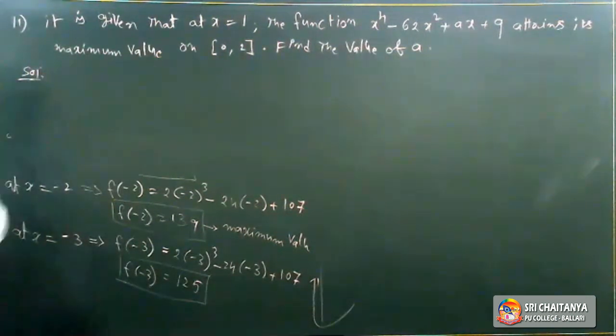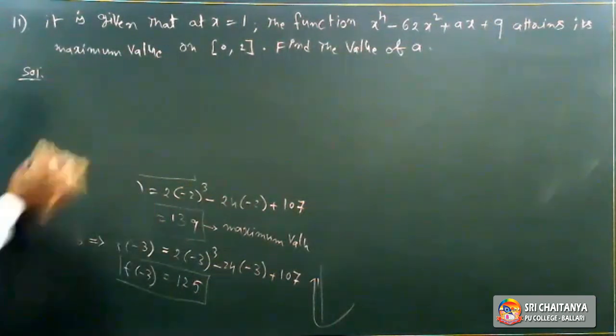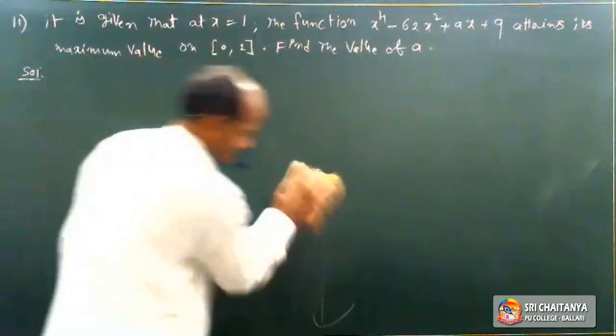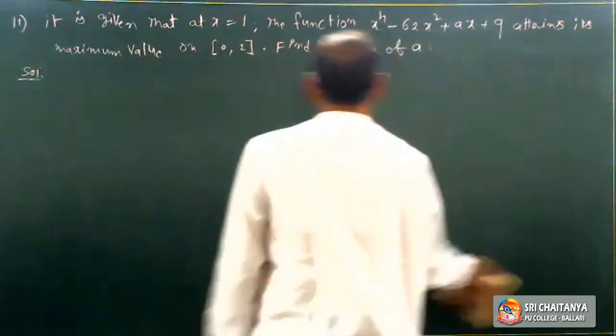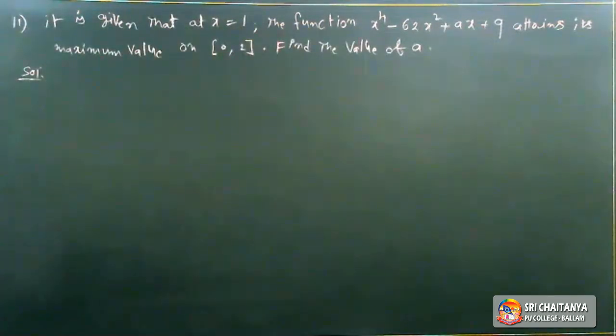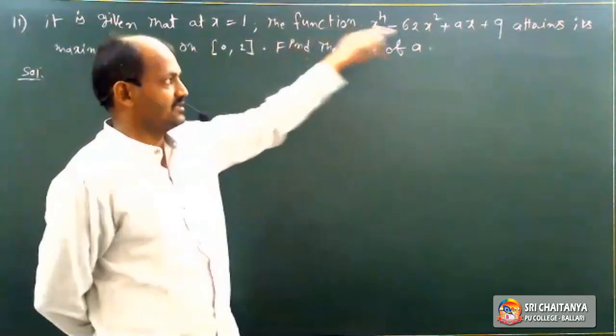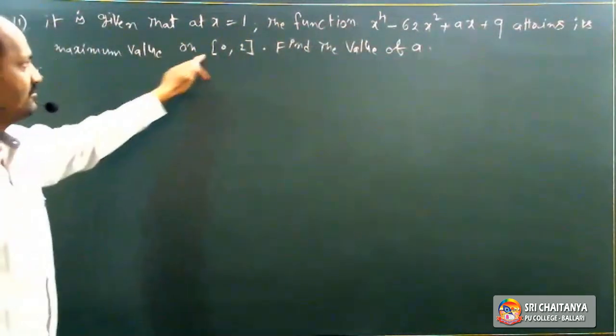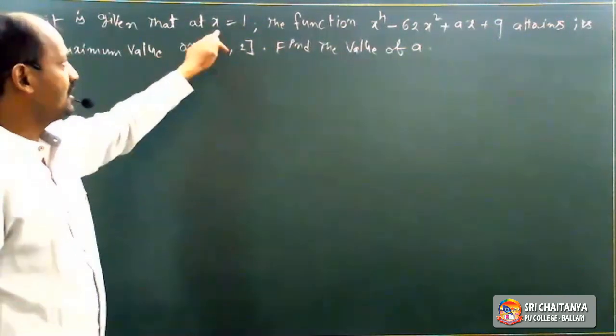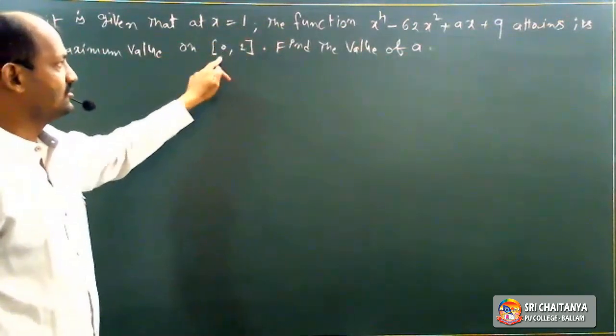Clearly, the given function is a maximum at x is equal to 1. It is given that the function attains its maximum on 0, 2, and x equal to 1 is in between 0, 2.